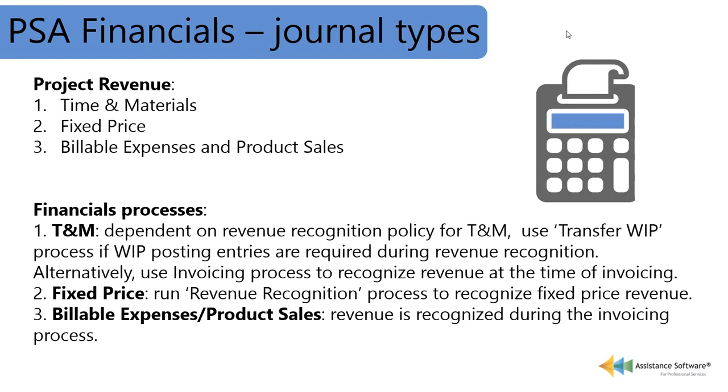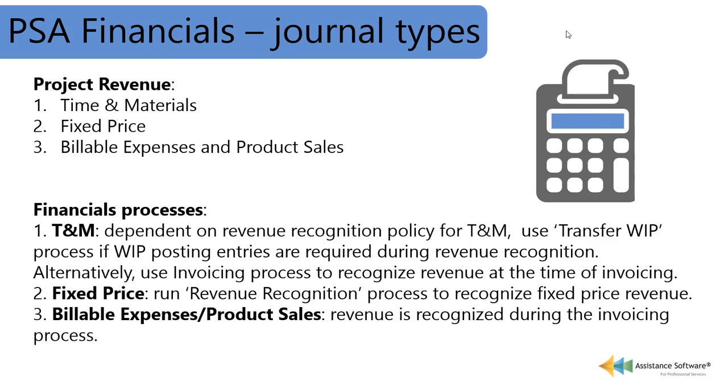On the revenue side, we have really three main categories of revenue: time and materials, fixed price, billable expenses, and product sales. The financials processes for time and materials is really dependent upon your revenue recognition policy.